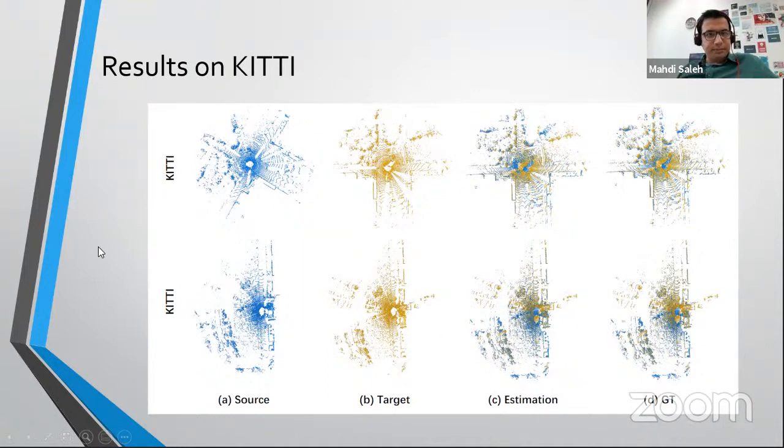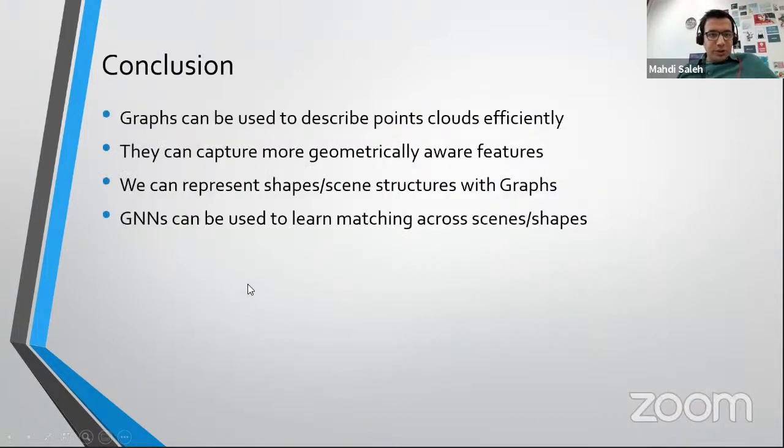On this dataset. So as a conclusion slide, as presented, you can see graphs can be used to describe point clouds quite efficiently, and they can capture more geometric information and encapsulate this neighborhood into the features.